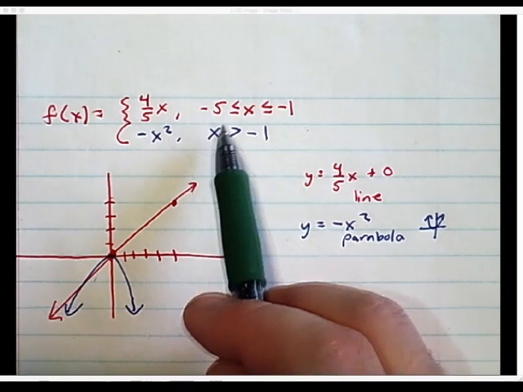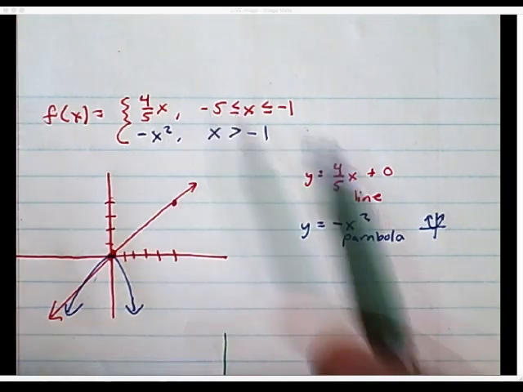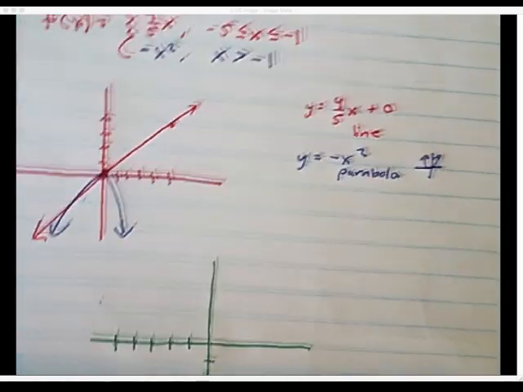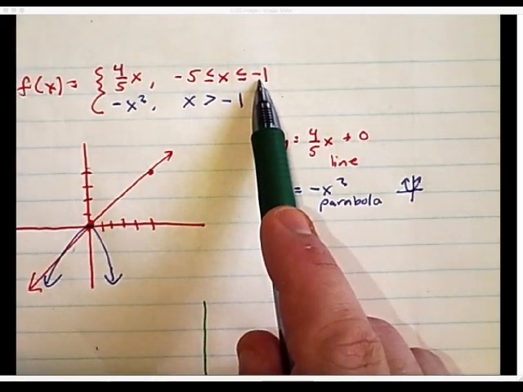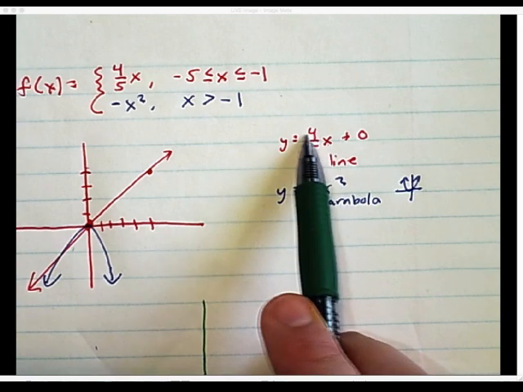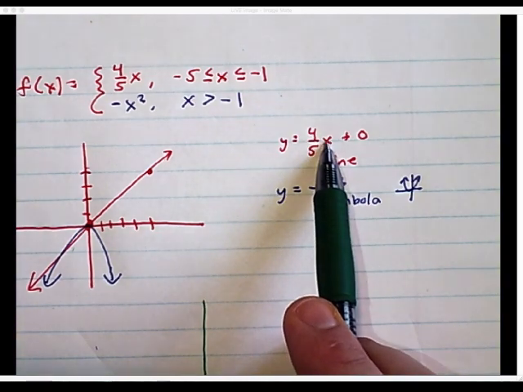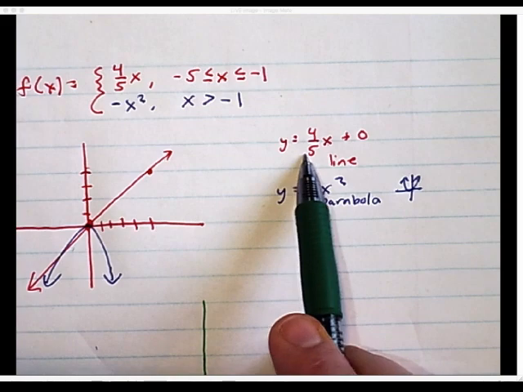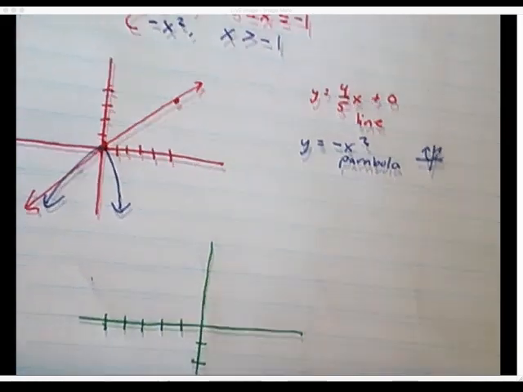Now why is it a filled in circle? Because there's the little bar underneath there. Now what about the other side, when x is -1? What happens when you plug -1 in there? 4 times -1 is -4 over 5, so -4/5 or -0.8.